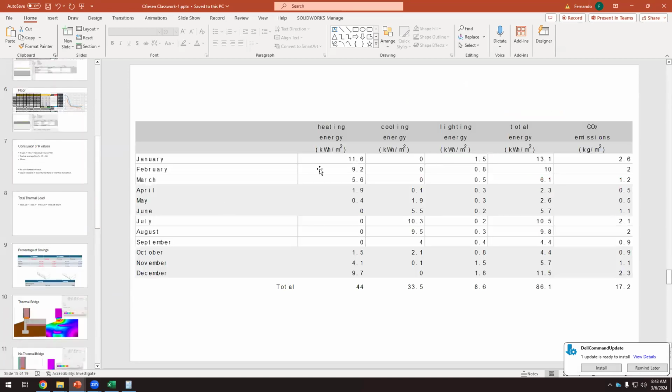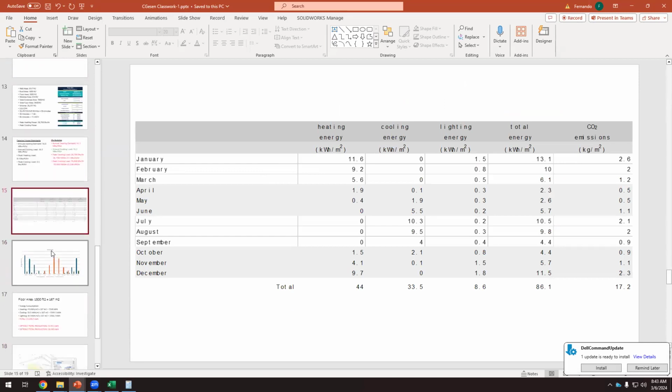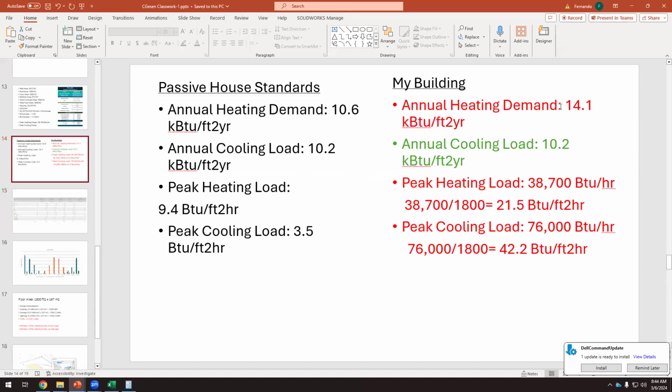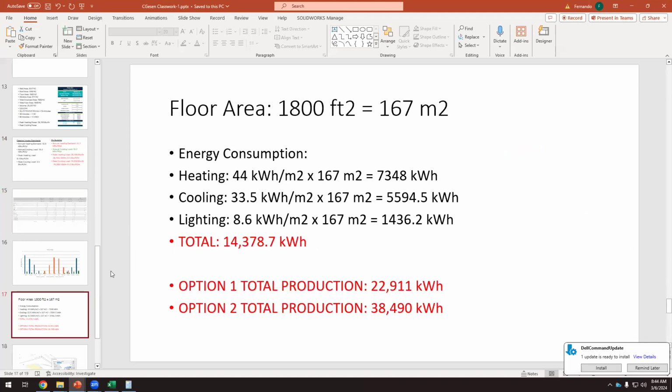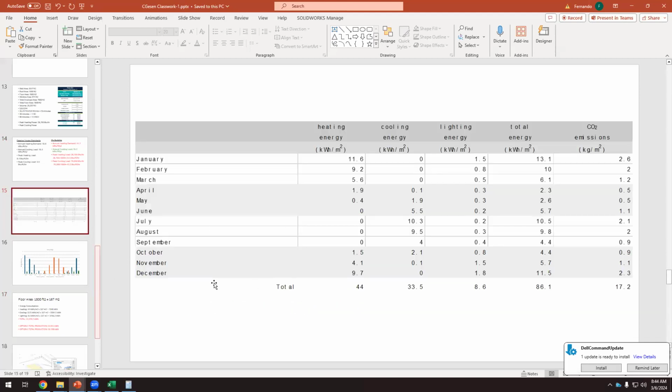And then the annual energy consumption comes from this one. We have the annual heating and the annual cooling. This is 44, this is 33. Be careful because here we have kilowatt hours per square meter, and we have to turn this into kBTU per square feet.